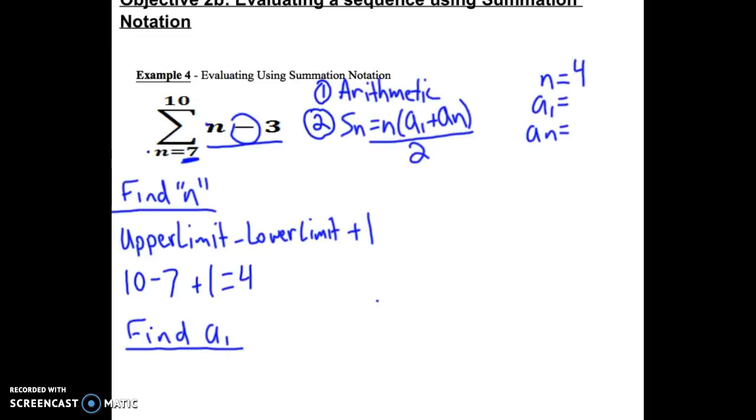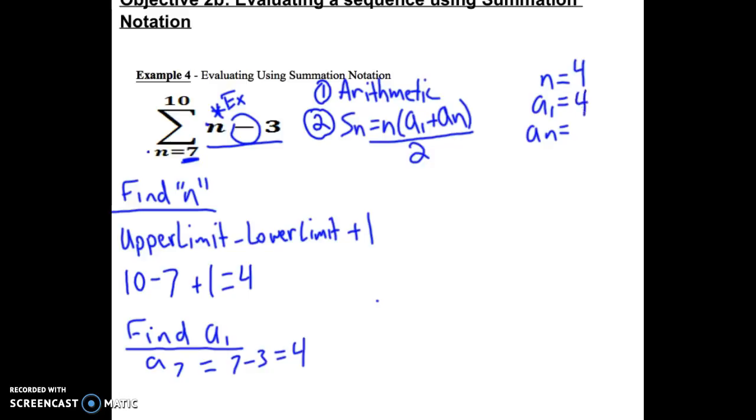So to find a sub 1, I'm going to do a sub 7 equals, and I'm going to put it into my explicit formula, which is right here. I'll write explicit formula, or just put EX for short. So instead of n, I'm going to put 7 minus 3. So a sub 7 equals 7 minus 3, which is 4 in this case.